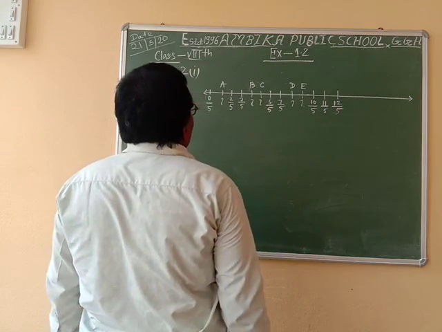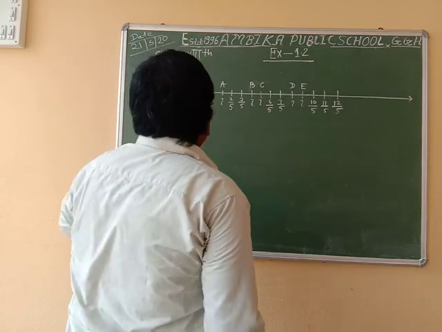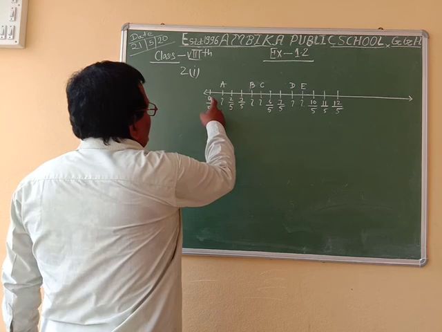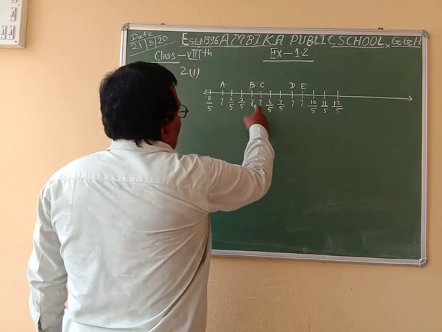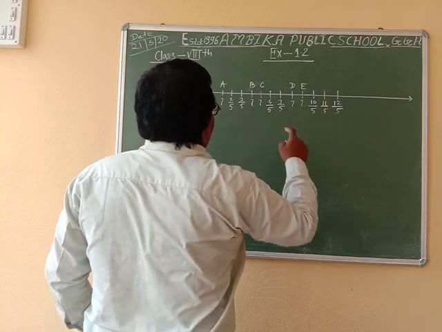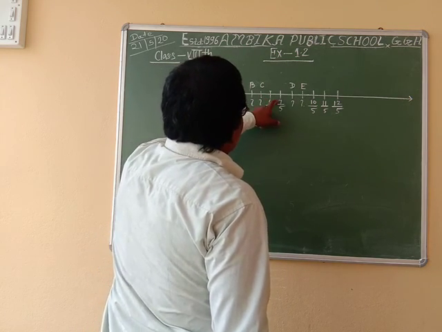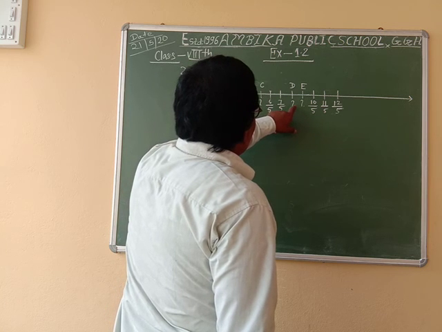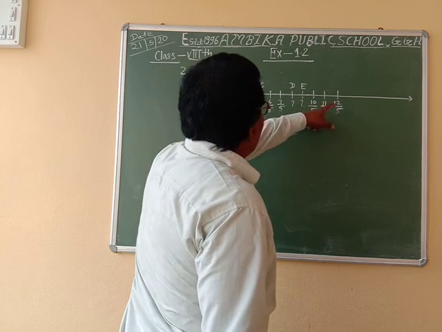So the first number is A. Here we see 0 by 5, 2 by 5, 3 by 5, B, C, and 6 by 5, 7 by 5, 8 by 5, 9 by 5, 10 by 5, 11 by 5, 12 by 5.